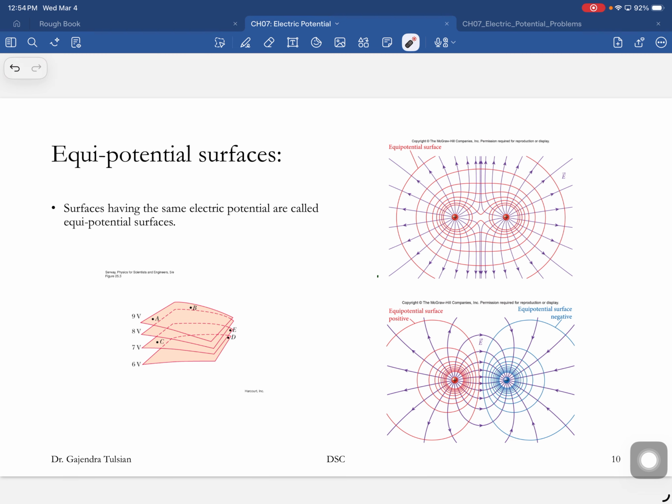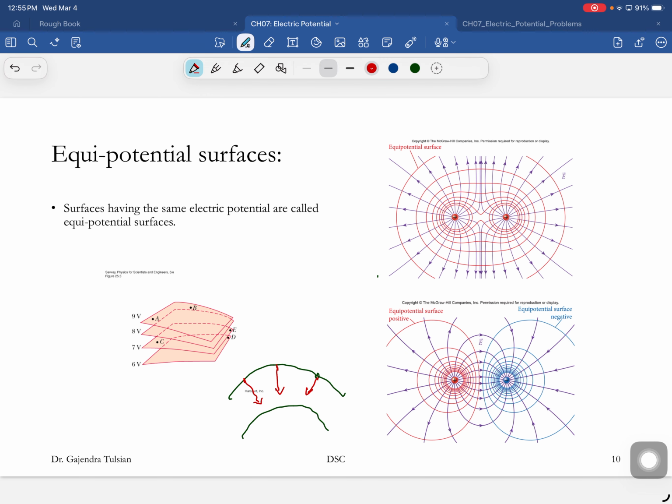So let's say here is an equipotential surface. At this point, the electric field is pointing in this direction. At this point, the electric field is pointing in this direction. So electric fields point in the direction of decreasing potential, and they're perpendicular to equipotential surfaces.